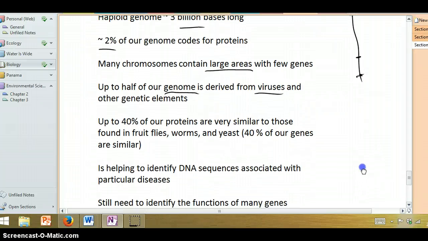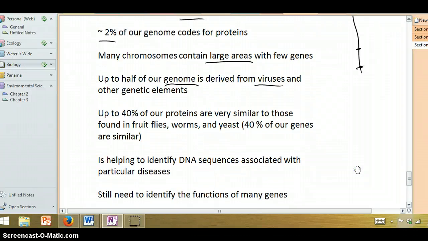Also, when we compare other species, we see that there's a fair amount of similarity. There are certain genes that basically all living things share. It's estimated that up to 40% of our proteins, and essentially 40% of our genes, are similar, whether you're a person, a fruit fly, a worm, yeast, whatever. I think I gave the example in class of the process of cellular respiration.